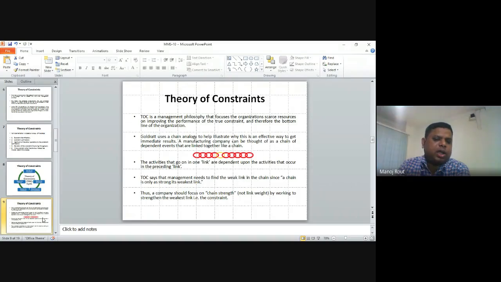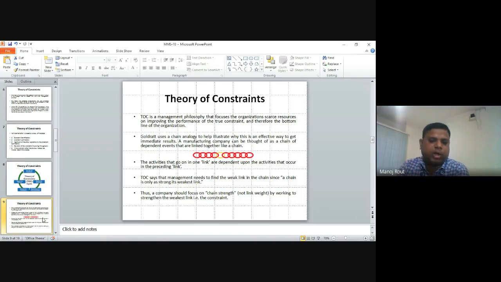So basically, Eliyahu Goldratt uses a chain analogy to help illustrate why this is an effective way to get immediate results. For example, a manufacturing company can be thought of as a chain of dependent events linked together like a chain.